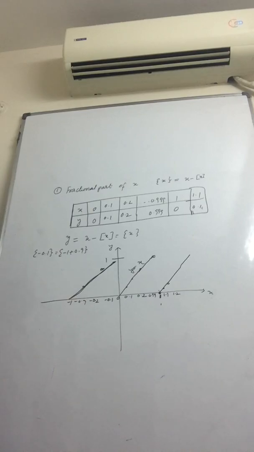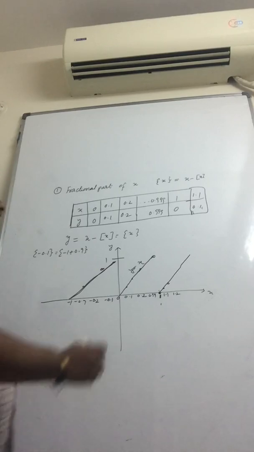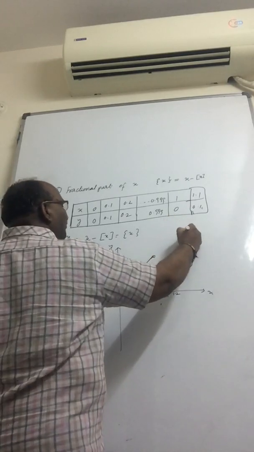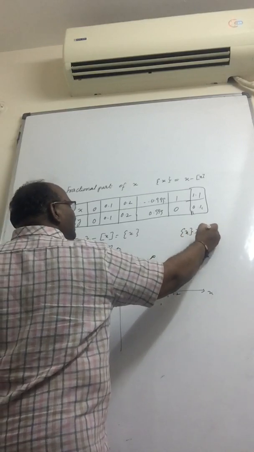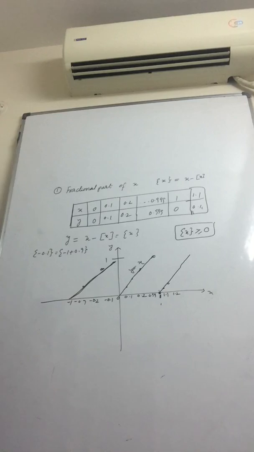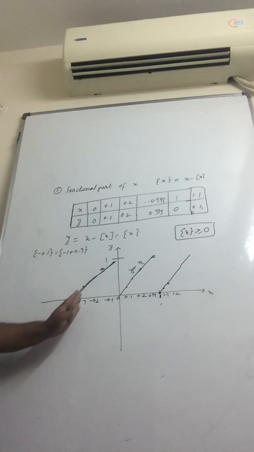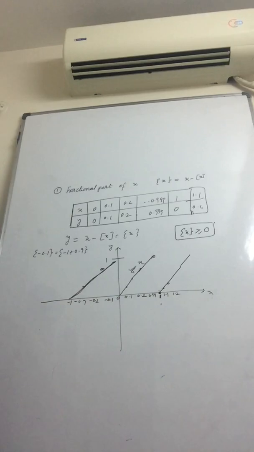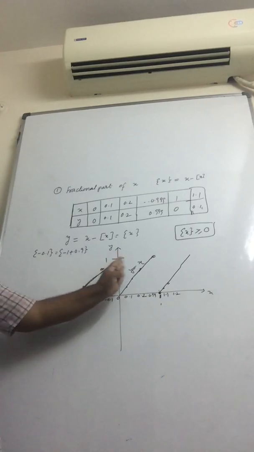This is a very important graph. Many questions in calculus will be based on this. So fractional part of x is always greater than or equal to 0. It is always positive. Just observe carefully. It is not a continuous graph. At each integer some break comes. It is a partially linear graph.